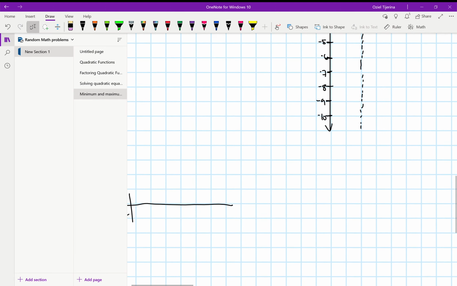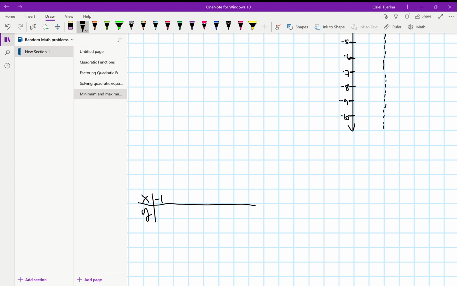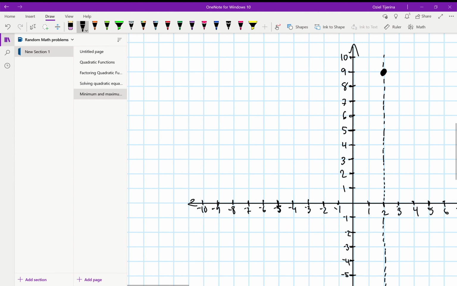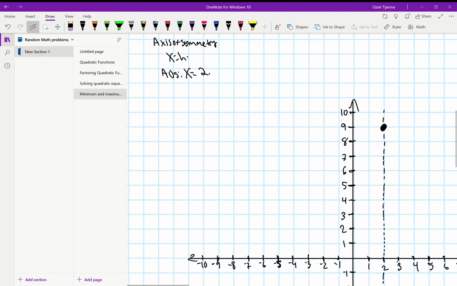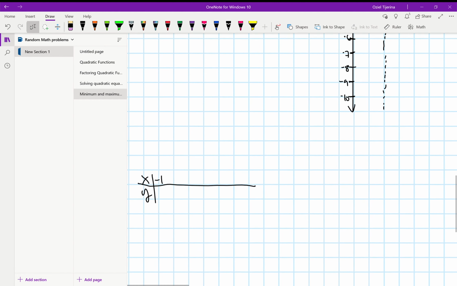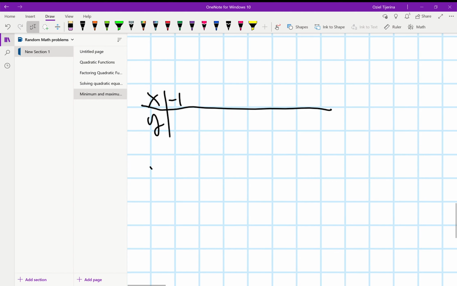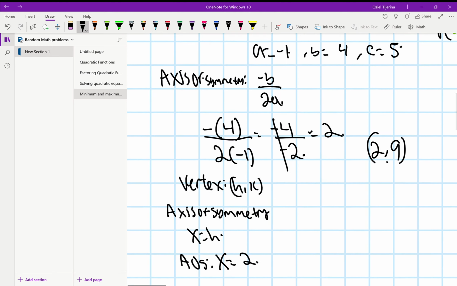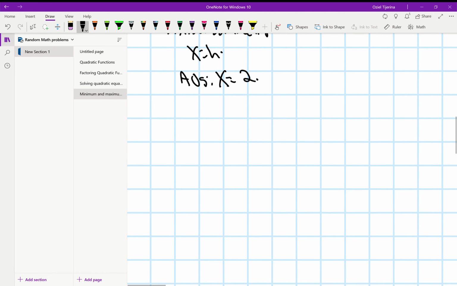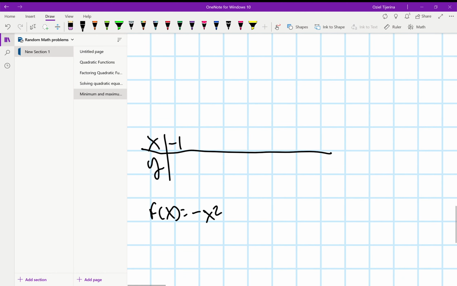When x equals -1, what does y equal? So we're going to go ahead and plug in -1 for x. Our function here is f of x equals negative x squared plus 4x plus 5, okay.